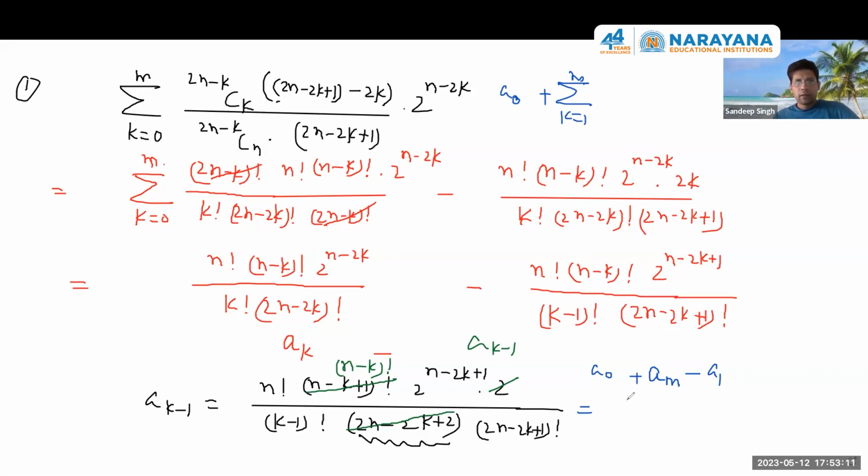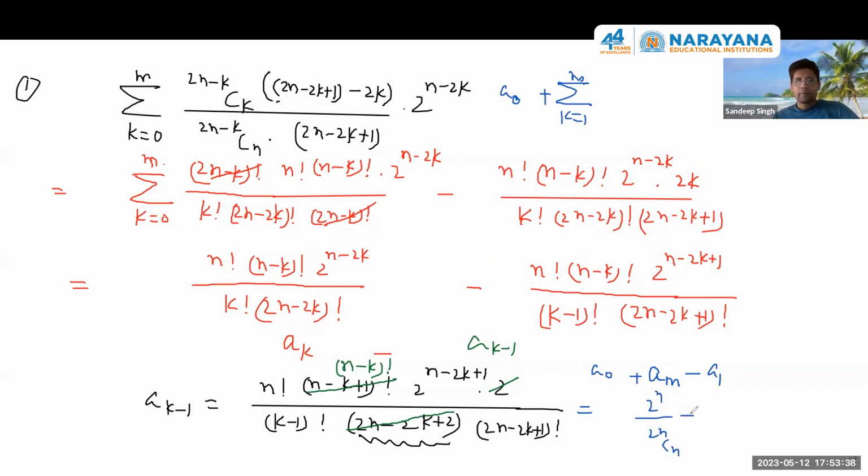In the numerator, it will be 2n plus 1, 2 power n, whole divided by the denominator, k is 0, so 2n cn. Yes, and 2n plus 1 will get cancelled. So a naught is 2 power n upon 2n cn.